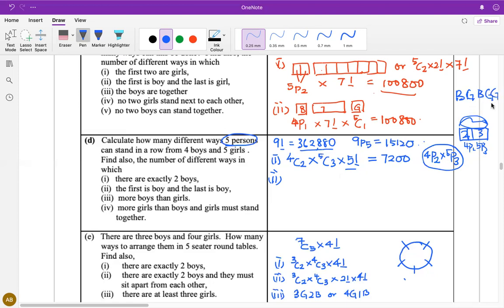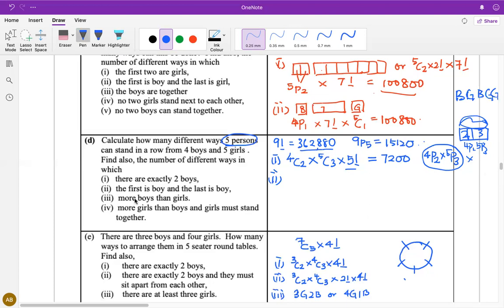So it still can arrange among themselves. So if you use this, you have to use 5 factorial times 2 factorial over 3 factorial. Okay, all right, so don't use this. This is not the correct answer.